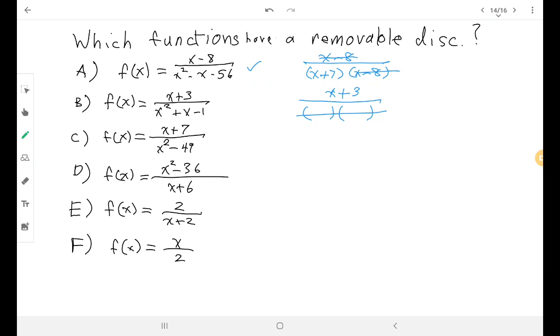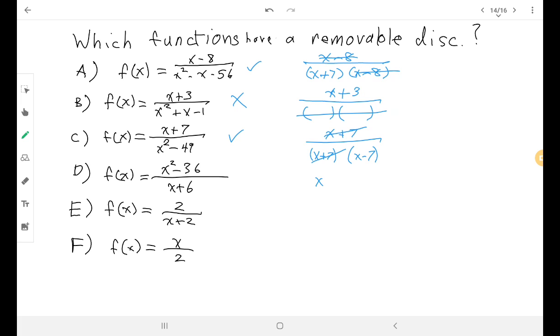It certainly wouldn't be x plus 3, so that doesn't even factor very well, so we're just not going to bother with it. Next one, I've got x plus 7 over x squared minus 49, which you should recognize as a difference of squares. Difference of squares is the square roots added and subtracted. And then we get cancellation, so that's a removable discontinuity.